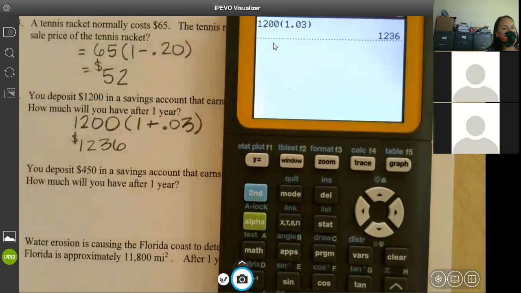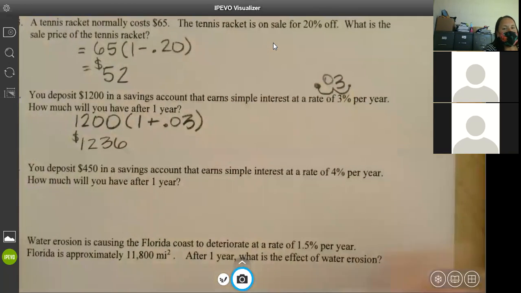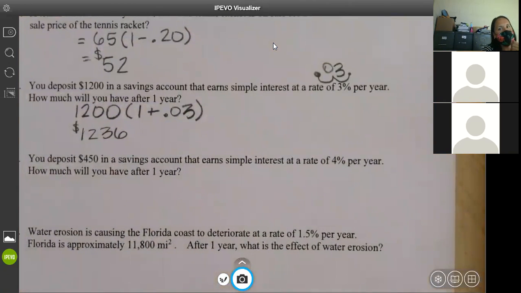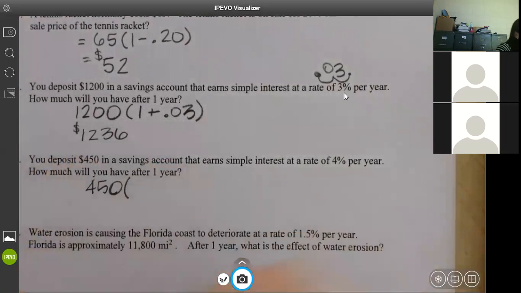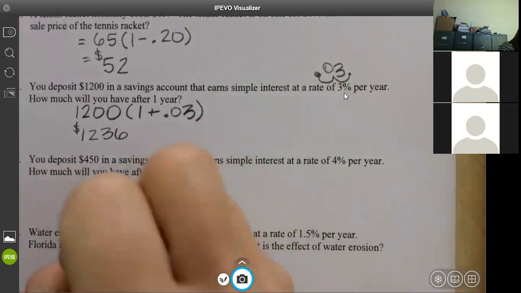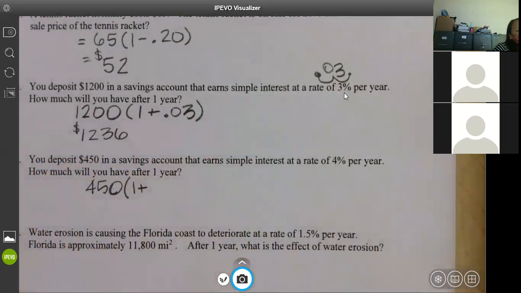All right. You deposit $450 into a savings account that earns simple interest at a rate of 4% per year. How much will you have after 1 year? It's already told you this is one time, and I already told you that interest was adding in there. So you're doing the same exact problem. We started with $450. It's always what you start with. We're adding interest in, so 1 plus.